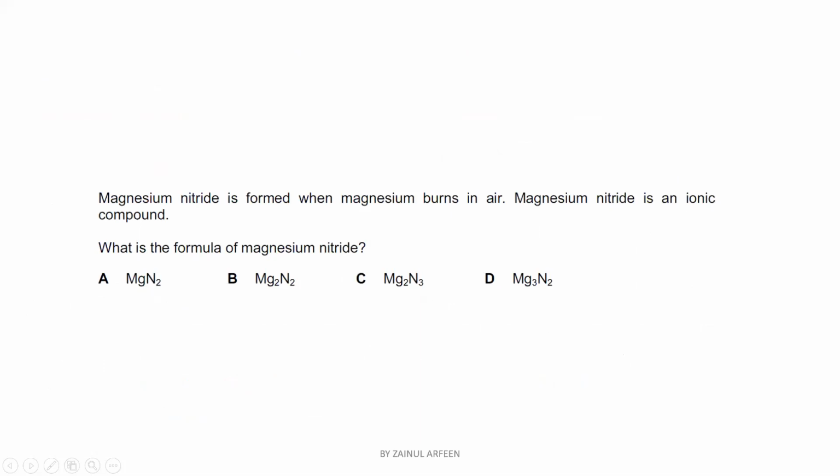Example, magnesium nitride is formed when magnesium burns in air. Magnesium nitride is an ionic compound. What is the formula of magnesium nitride? Magnesium is group 2 and nitrogen is group 5.